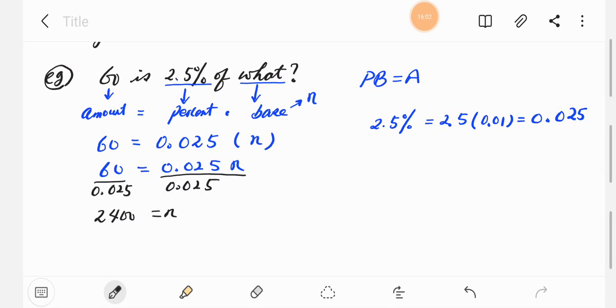So 60 is 2.5% of 2,400. It's really simple. Write an equation that has only three variables: amount equals percent times the base. So "of" is replaced with times.